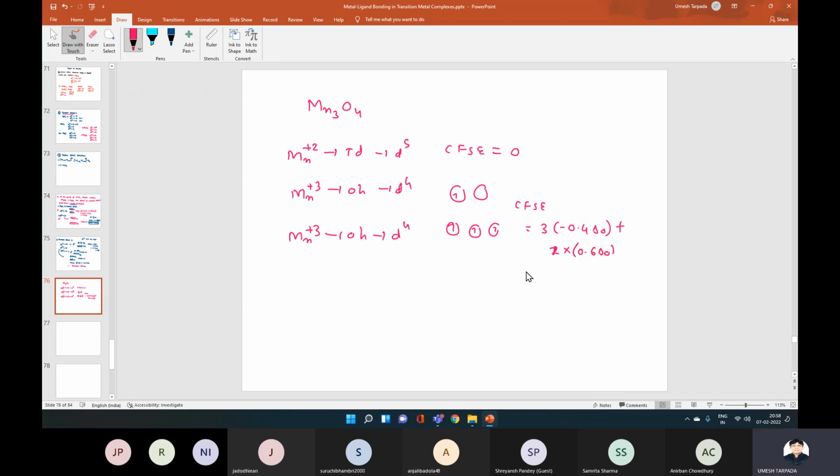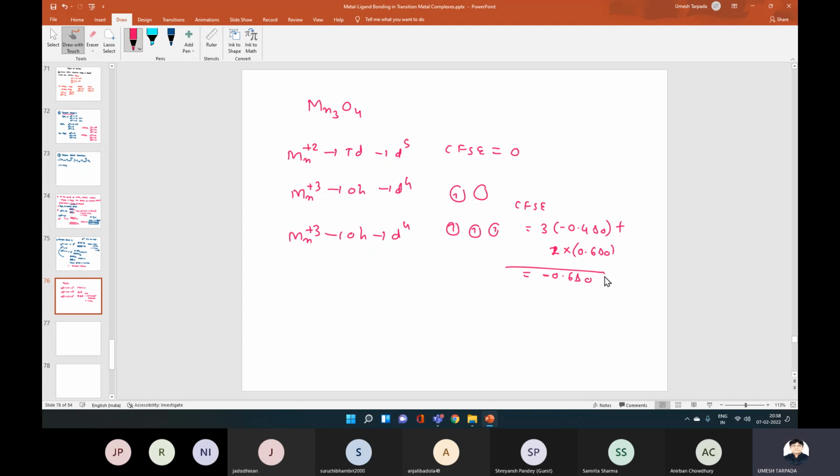So it becomes minus 1.2 plus 0.6, so it's minus 0.6.